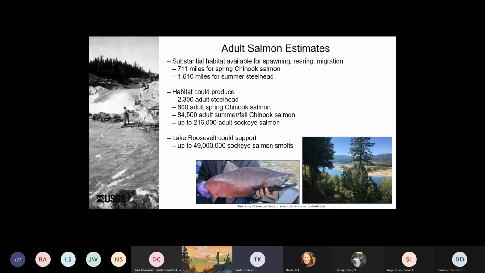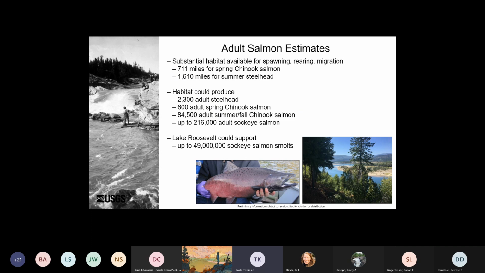And you could see that they estimated that the habitat could produce large numbers of adults eventually, more than 2,000 steelhead, a few hundred spring Chinook, almost 85,000 summer and fall Chinook, over 200,000 adult sockeye returns, and that Lake Roosevelt itself could support up to 49 million sockeye smolt for rearing.